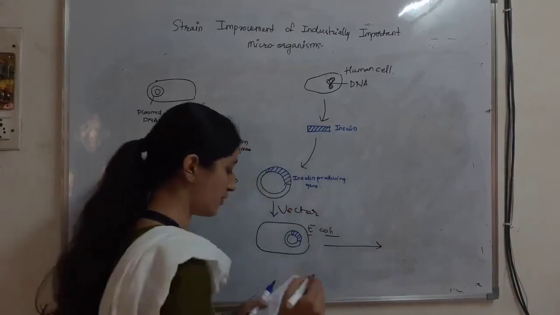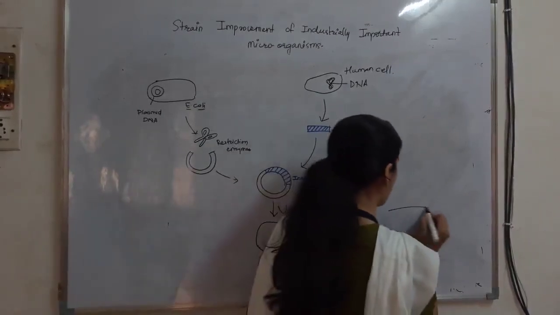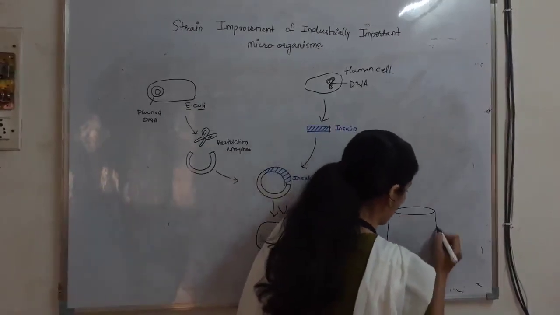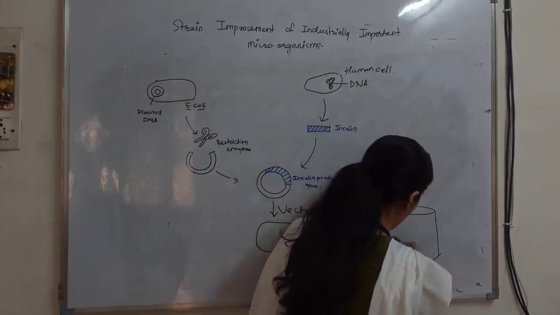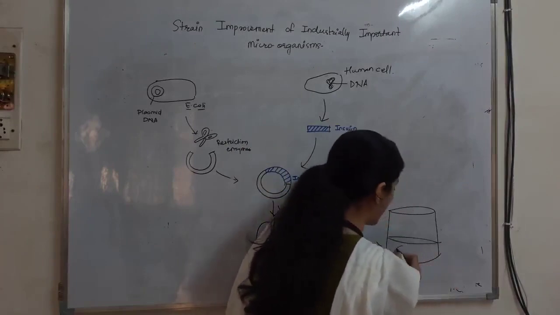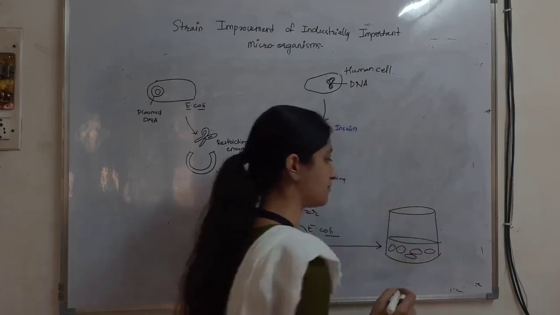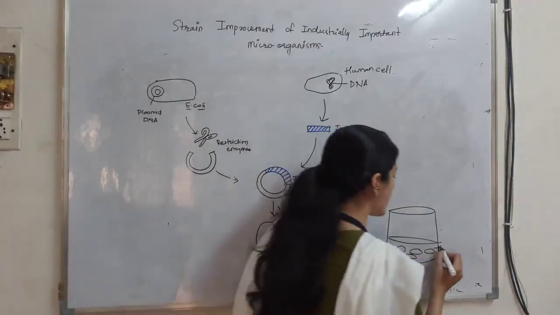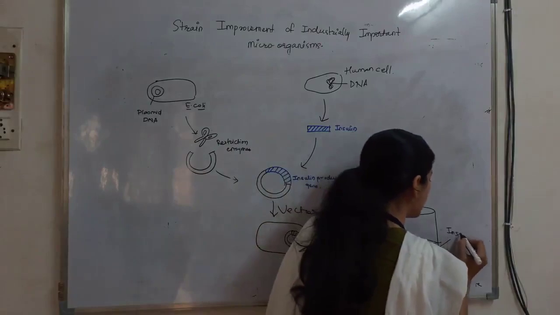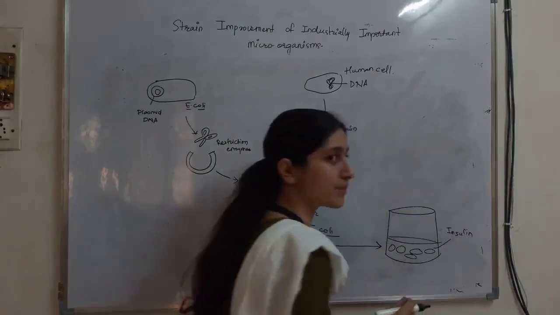After reintroduction, we are going to grow it in a medium which will help in the production of these cells. Now, this broth might contain insulin, is what we can interpret.